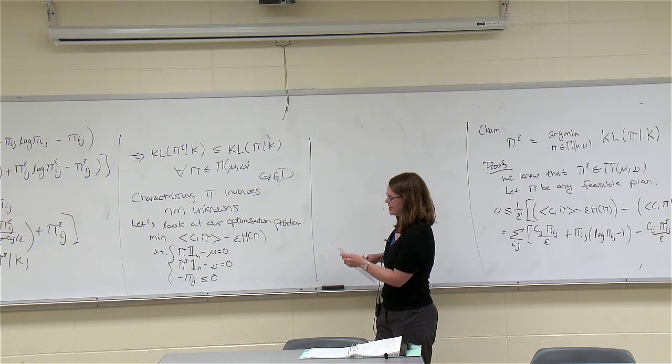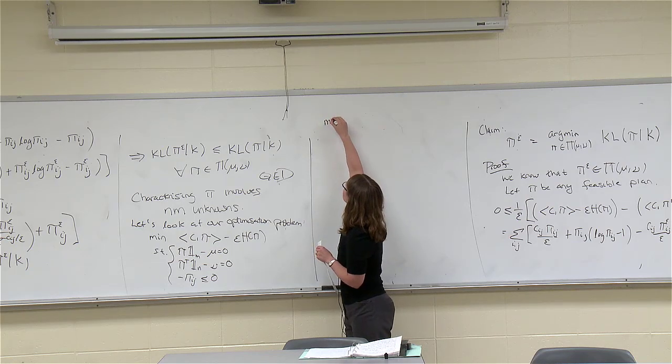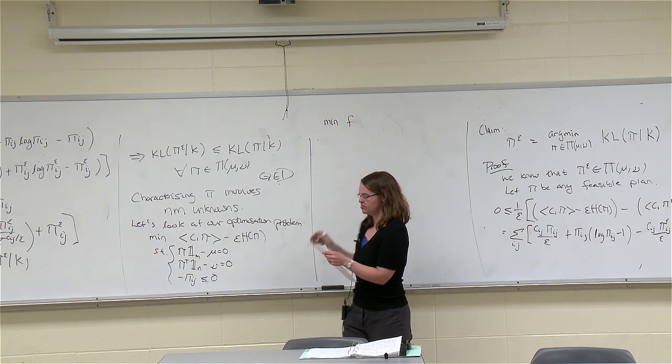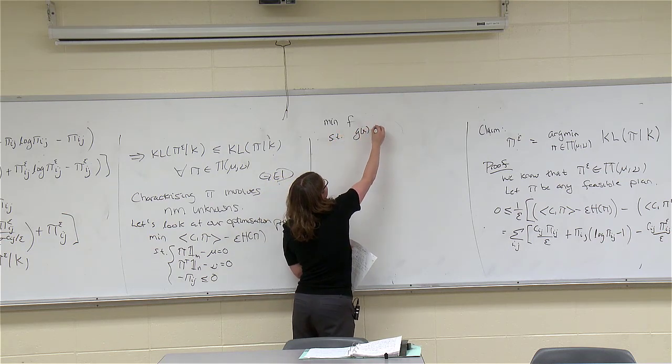Okay, so let's think about the KKT conditions. Let me write something abstract here. So say we're trying to minimize f subject to g less than or equal to 0 and h equal to 0.